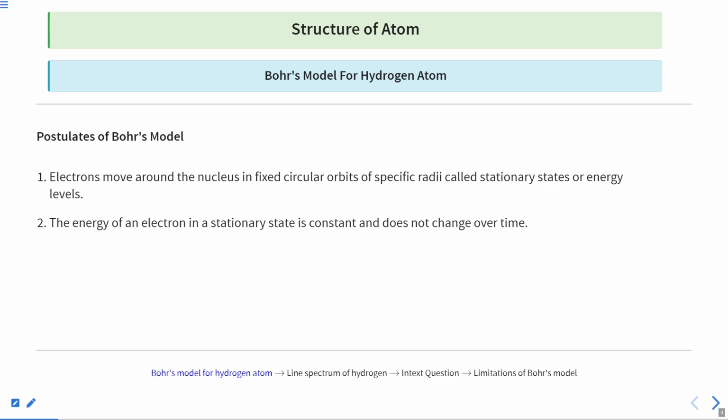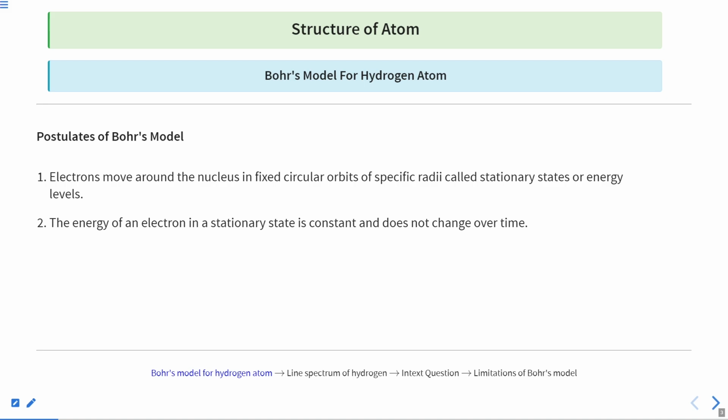Clear? Now, these energy levels are such that even though the electrons revolve around the nucleus, they don't emit energy. This is a very important point that deals with the drawback of Rutherford's model.